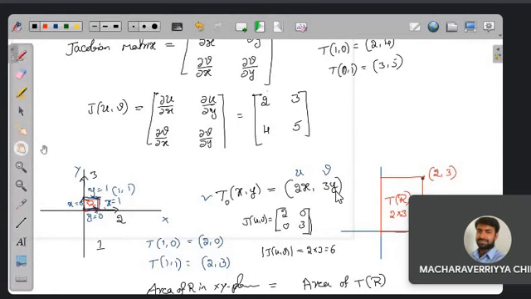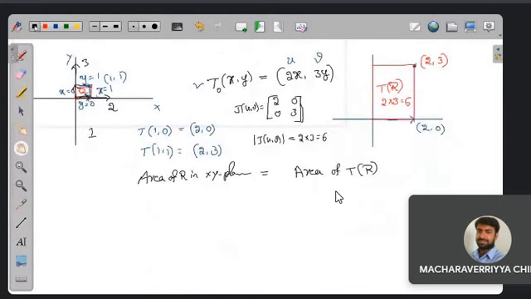Now, actually, the relation we have here is this. If you take the area of R and the area of T of R, you can tell me what the relation is.